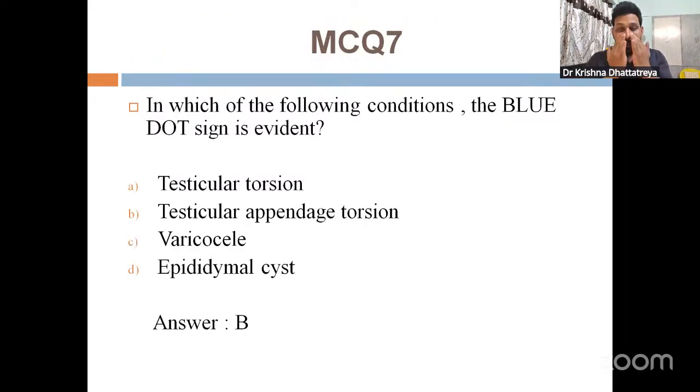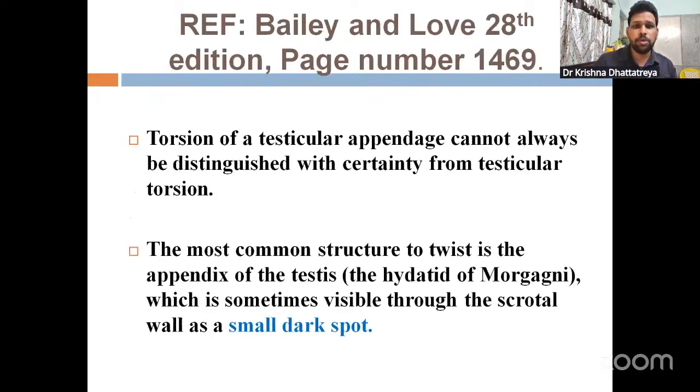So next MCQ, this question is taken from Bailey and Love, given in the last NEET super specialty exam. What is this characteristic sign? That is the blue dot sign. This blue dot sign is characteristically seen in testicular appendage torsion. You cannot always differentiate this from testicular torsion.